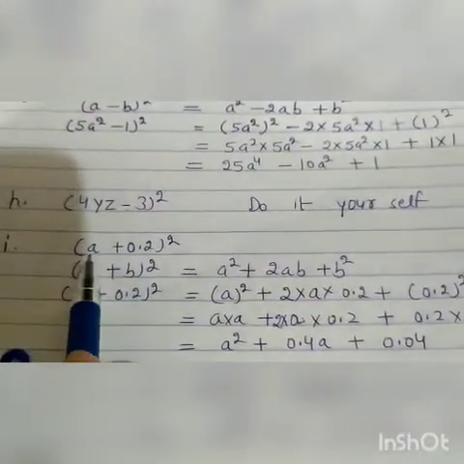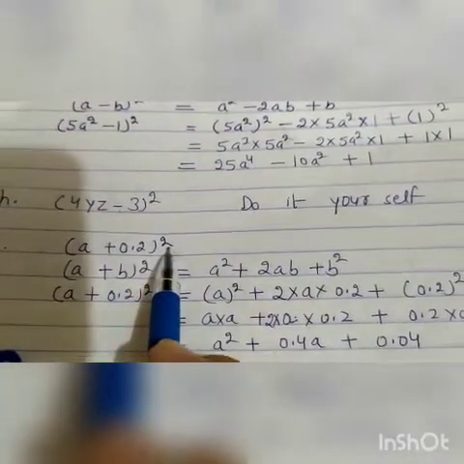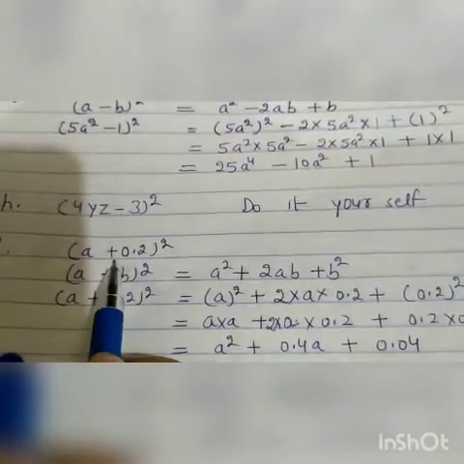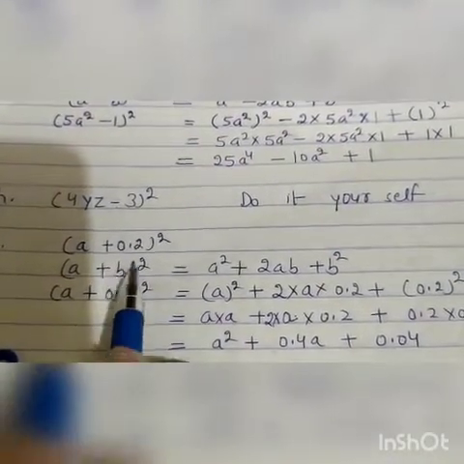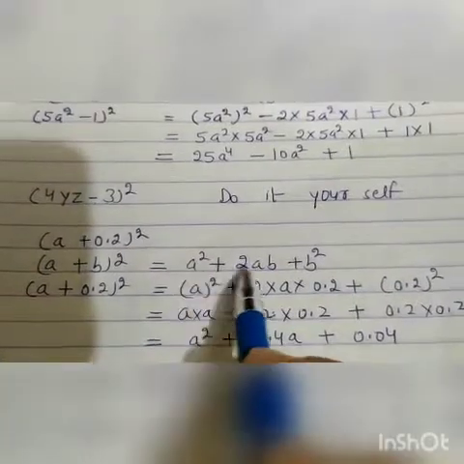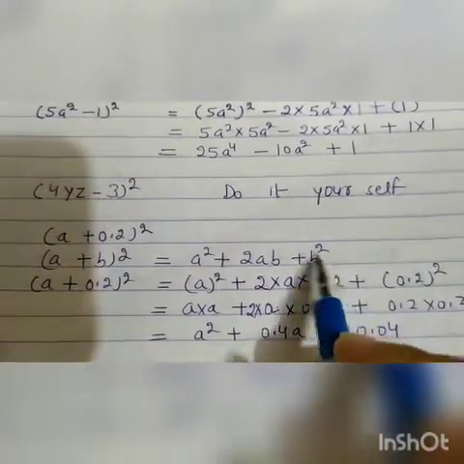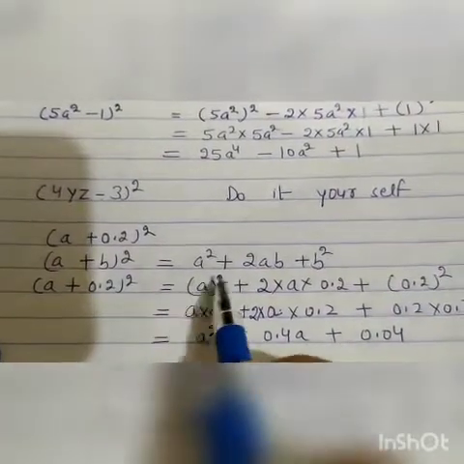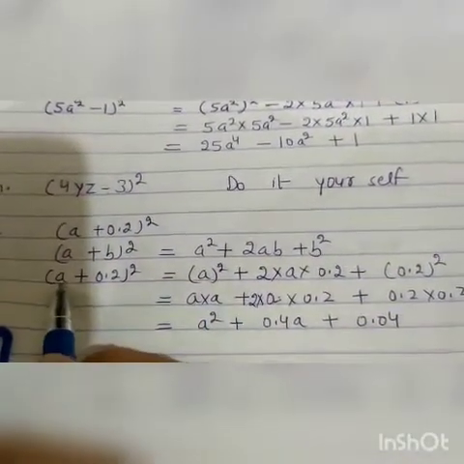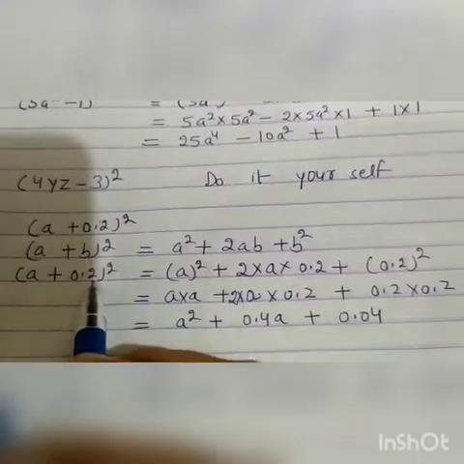Next part I, (a plus 0.2) whole square. Here it is positive sign, so we will use the first identity. (a plus b) whole square is equal to a square plus 2ab plus b square. (a plus 0.2) whole square is equal to, first term is a and second term is 0.2.